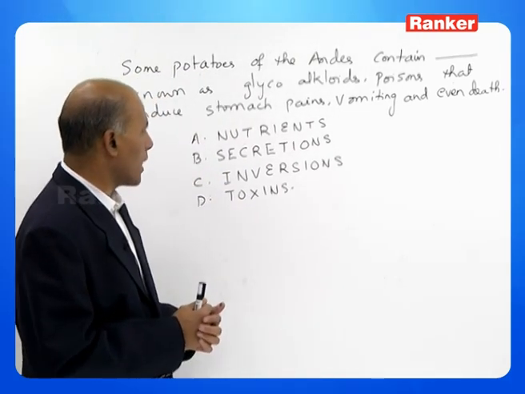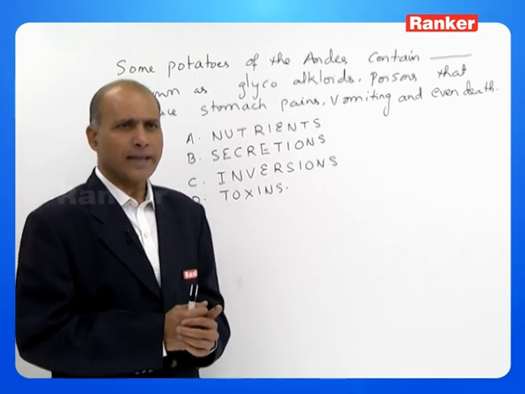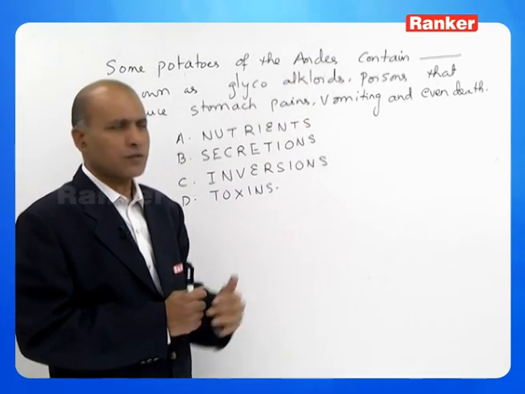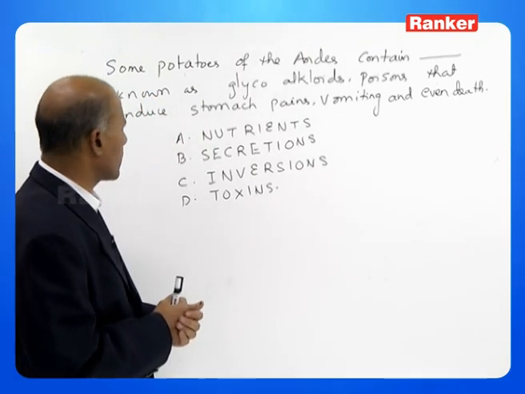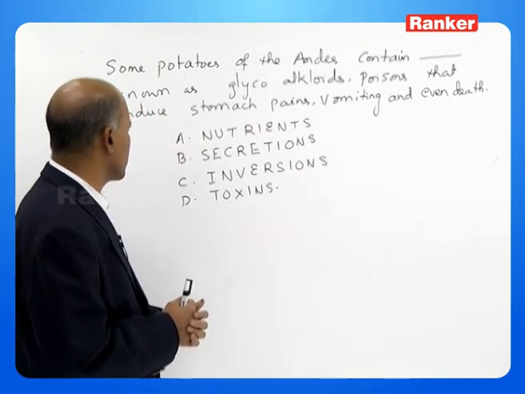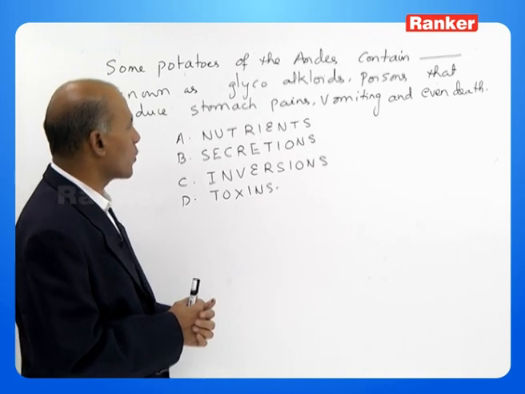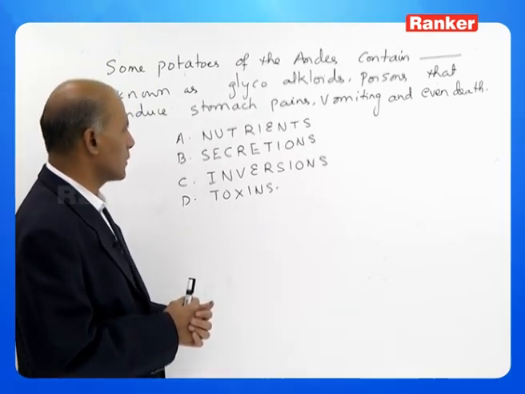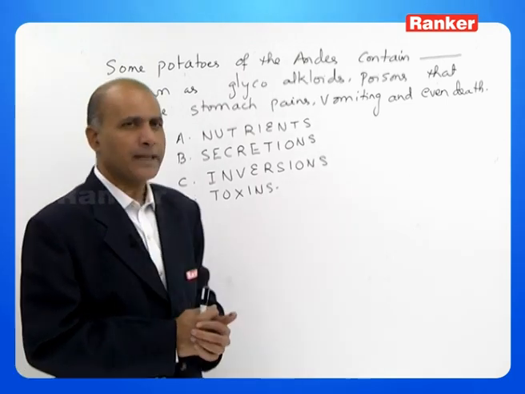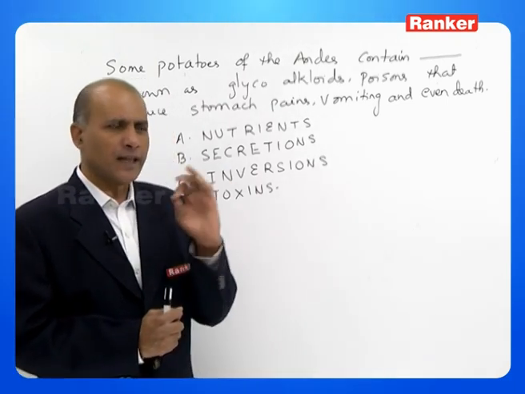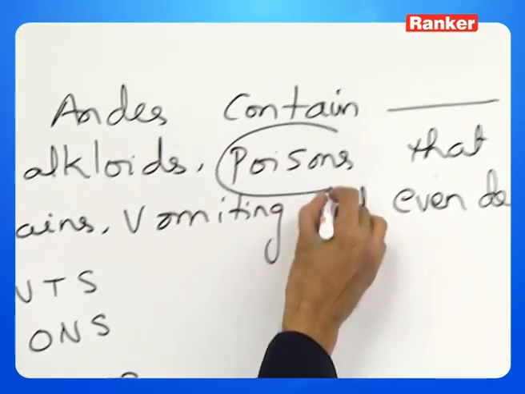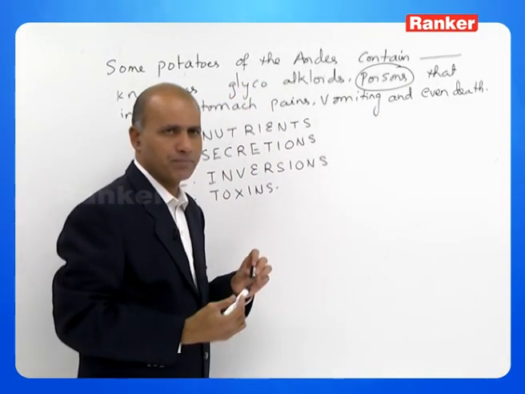Some potatoes of the Andes. What is Andes? Andes is a particular mountain range in South America. Some potatoes of the Andes contain dash, known as glycoalkaloids, poisons that induce stomach pains, vomiting, and even death. In this sentence, the clue or the key term is a word called poison.